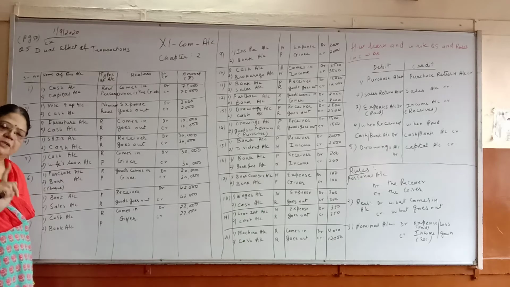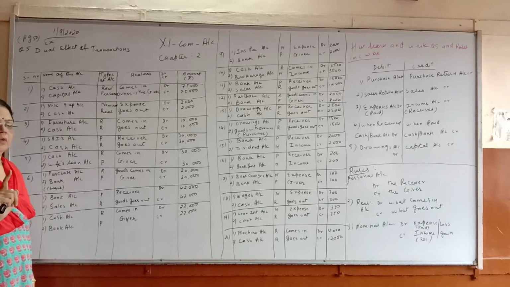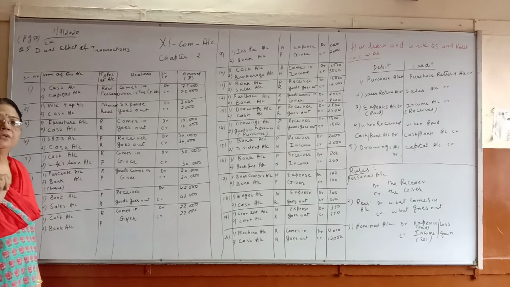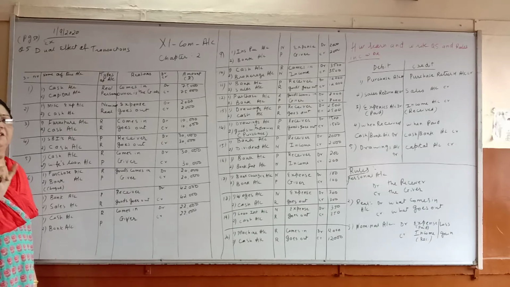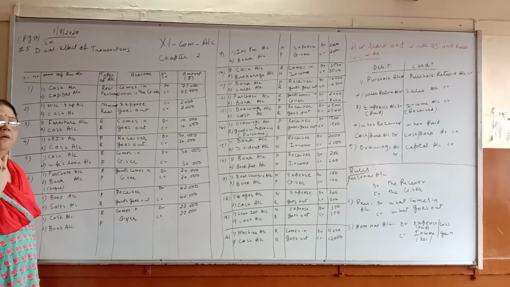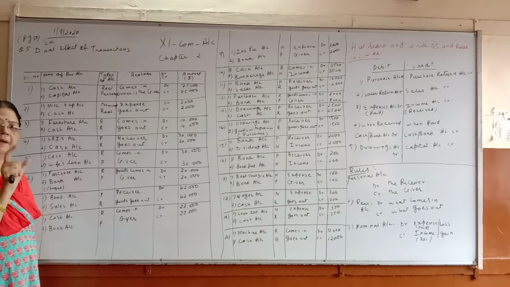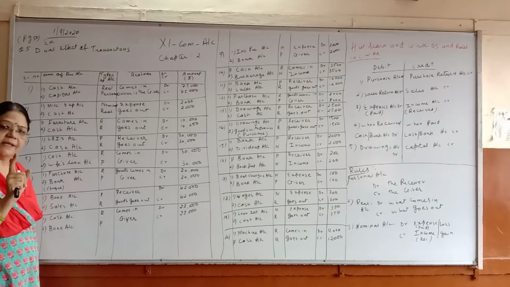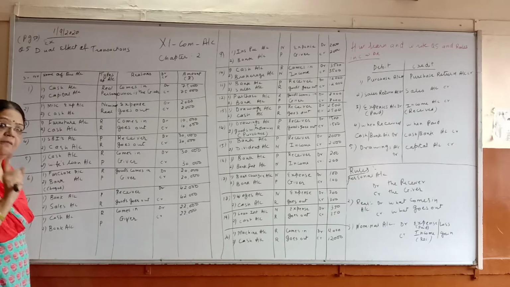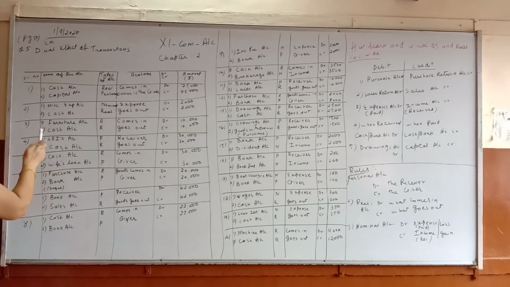If you write purchase account, you are wrong, because we always use the word purchase with goods purchased, not with purchase furniture or purchase machinery or purchase vehicle, motor car, land, building. No, that is an asset. So you have to write the name of the asset, not purchase. Always remember. So furniture, and it is a cash transaction.